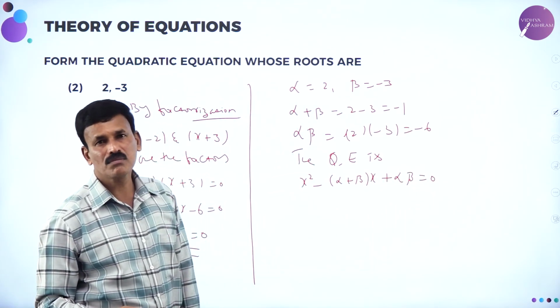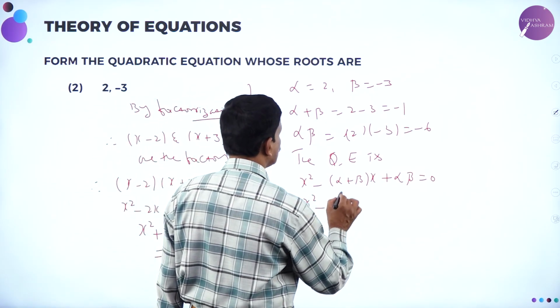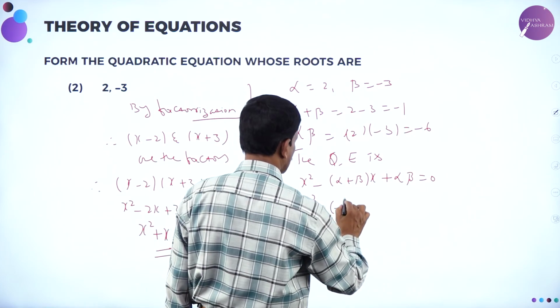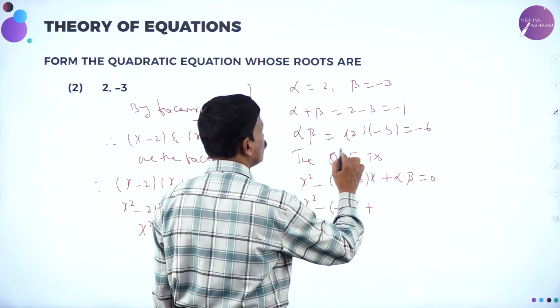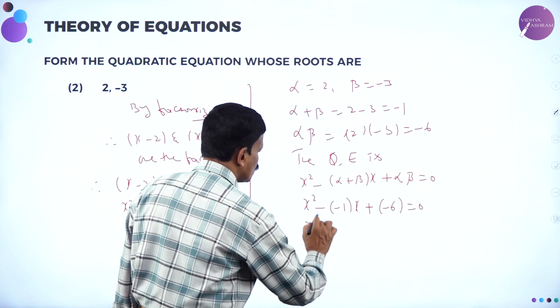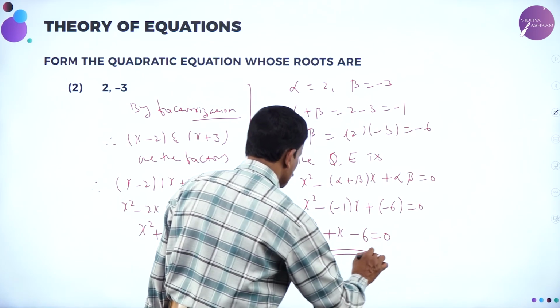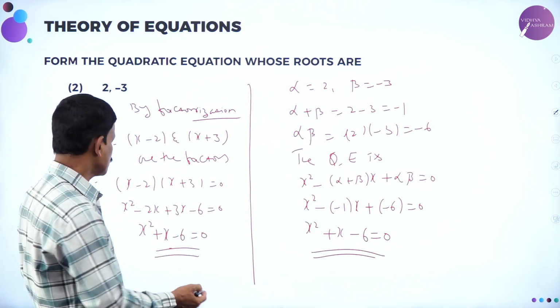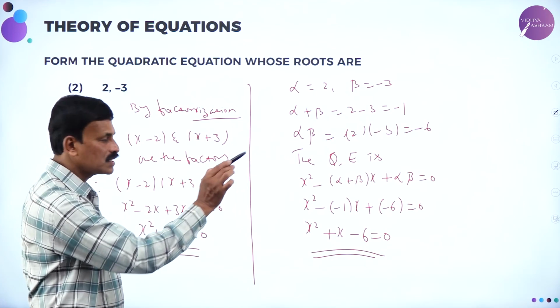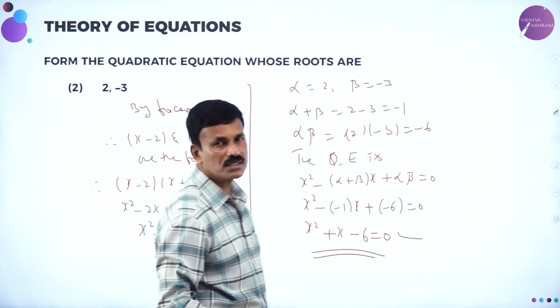X square minus sum of roots into x plus product of roots is equal to 0. X square minus, what is alpha plus beta? Minus 1 into x plus alpha beta is minus 6 is equal to 0. So this is x square minus into minus plus x, minus 6. So x square plus x minus 6 is equal to 0. So this is by formula method, this is by factorization.